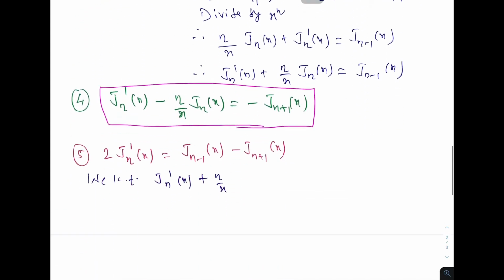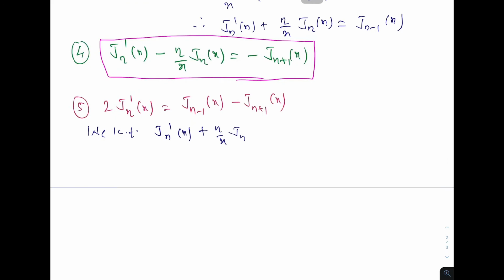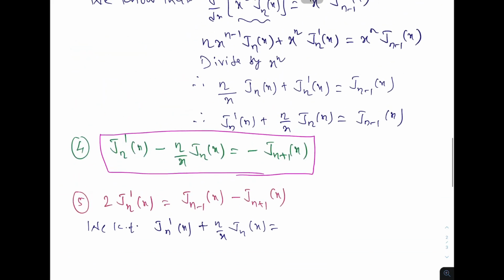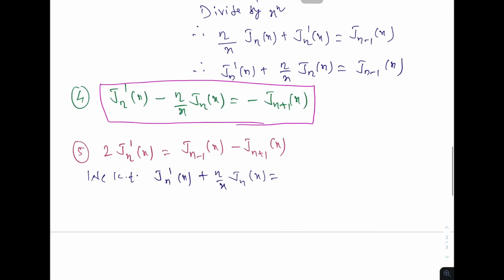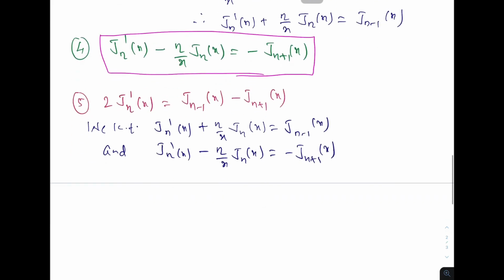plus n by x Jnx equal to J n minus 1 x, and this one: Jn dash x minus n by x Jnx equal to minus J n plus 1 x.